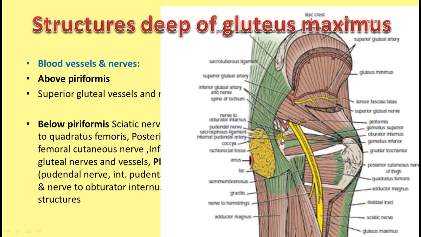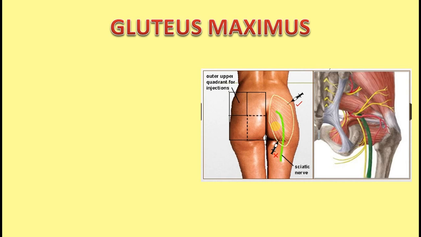Okay, so these three structures you are able to see, they are called as the PIN structures. Okay, nerve to obturator internus, pudendal artery, and internal pudendal nerve. So that is about the structures deep to the gluteus maximus: bones, ligaments, muscles, vessels, and the nerves.